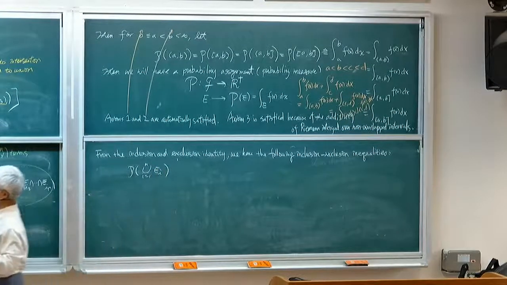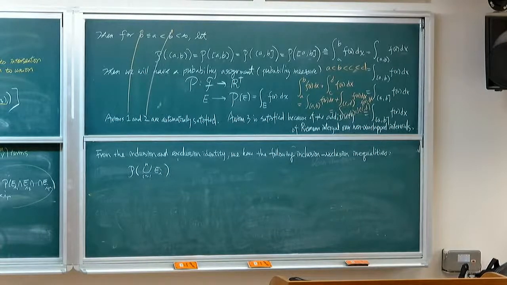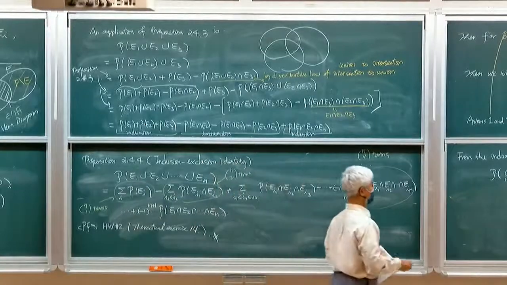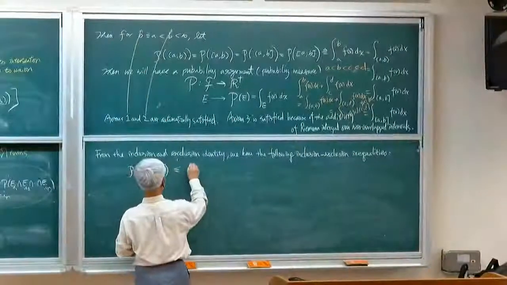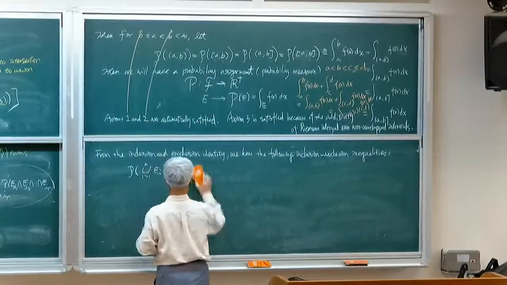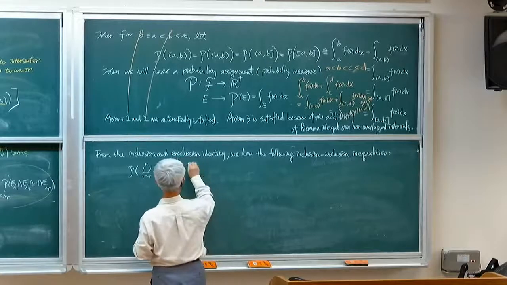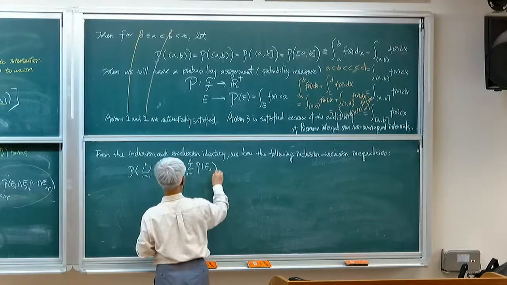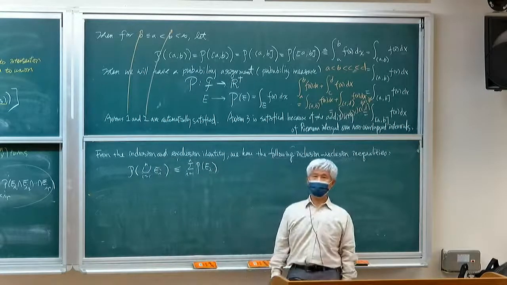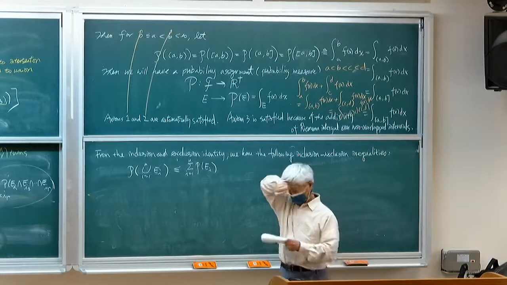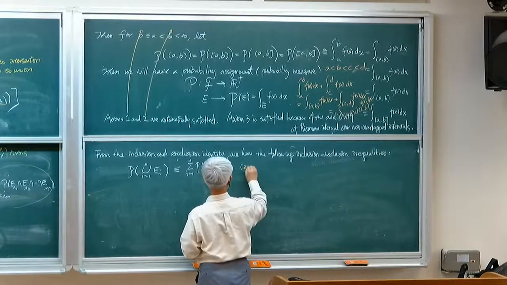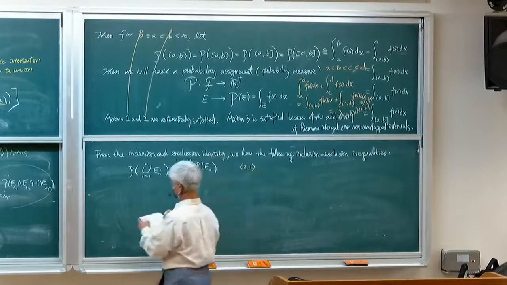All right, so for the union, if we only take the first term, then we have the inequality this way. So we have that. This is called the first inequality.